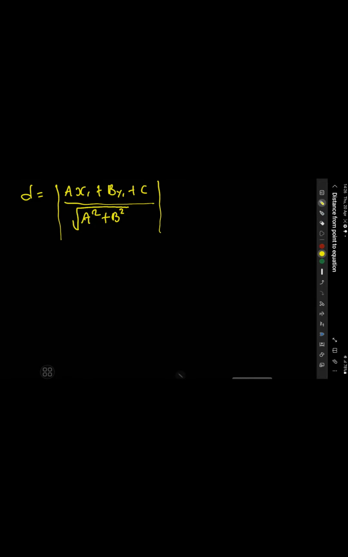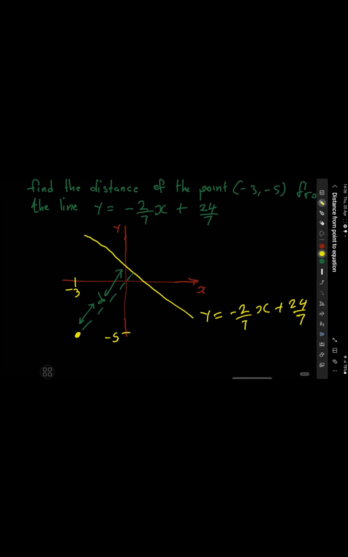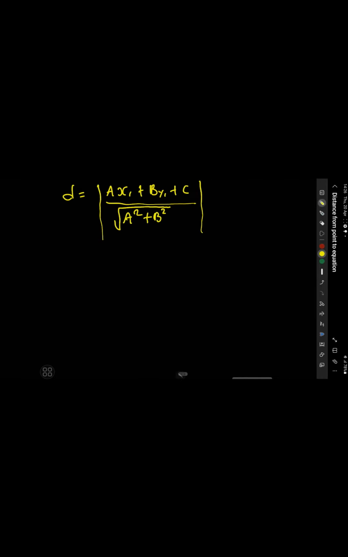So now the point that we are given in this question is -3, -5, which is this point here. The point will provide x1 and y1.